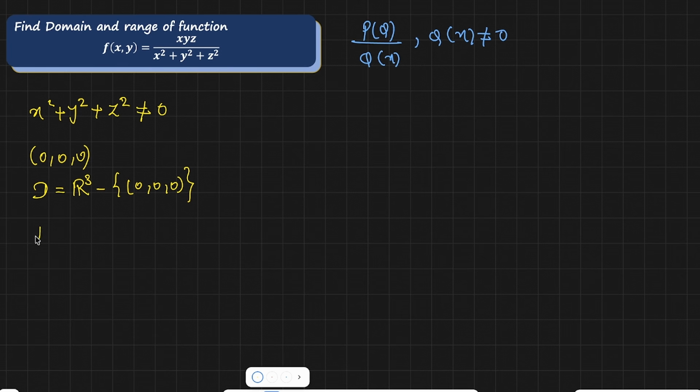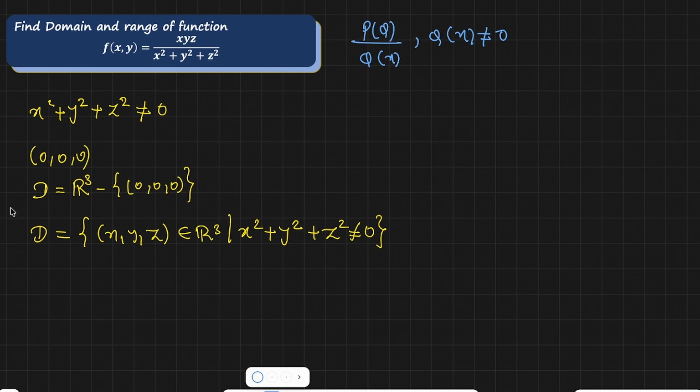Or you can also write it like this: (x, y, z) belonging to R3 such that x square plus y square plus z square is not equal to 0. You can write your domain like this or like this, because it has a particular case. Other than this it will never repeat.